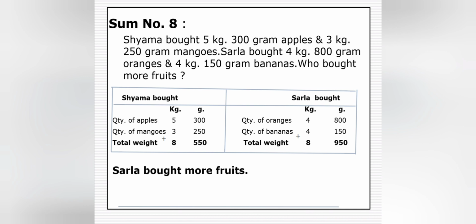And Sarla bought 4 kg 800 gram oranges and 4 kg 150 gram of bananas. So the total weight of the fruits bought by Sarla is 8 kg 950 gram. So isn't it very simple to answer who has bought more fruits? Yes, correct. Sarla bought more fruits.